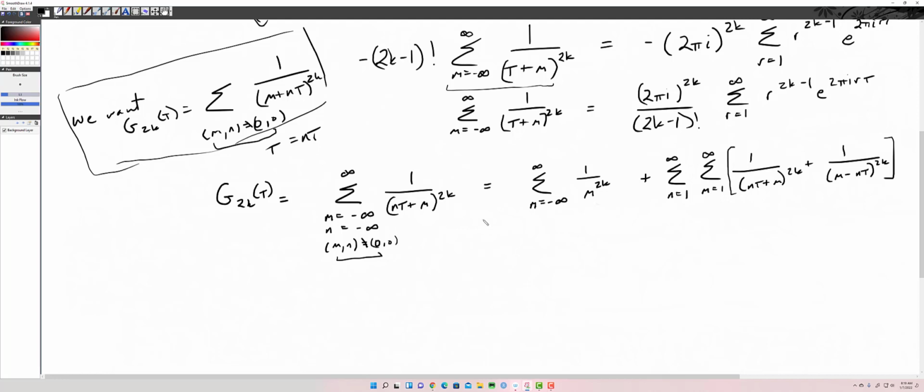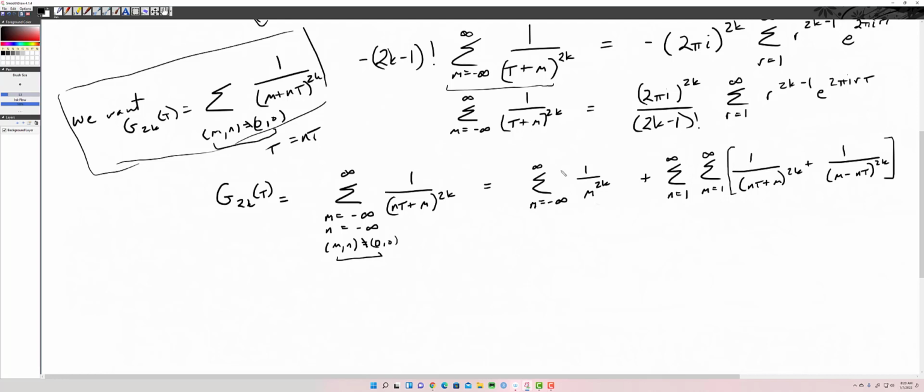But we want to encapsulate everything else. So we're going to break it out into a couple of cases. The first one is we're just going to run m by itself from minus infinity to infinity. What that's going to do is give us a situation where n is 0 and m's non-zero. The next thing we're going to do is run from 1 to infinity, both n and m, but we're going to consider both cases where n is negative and positive. Okay?